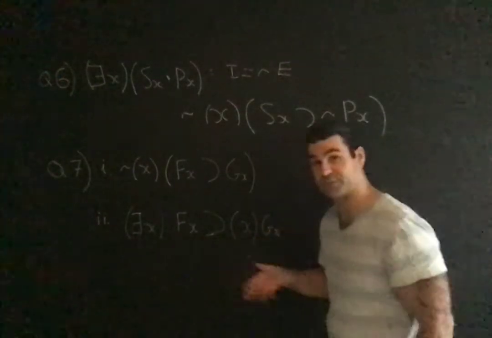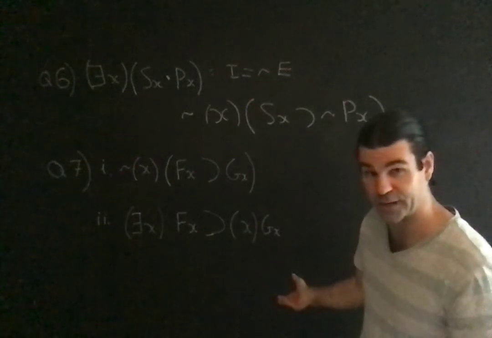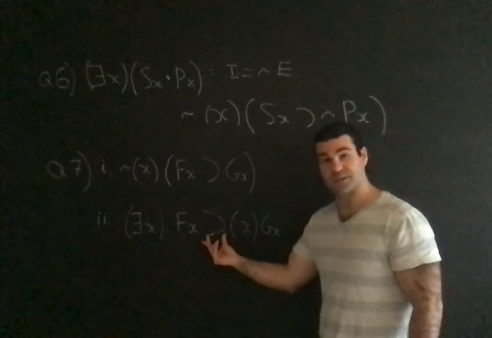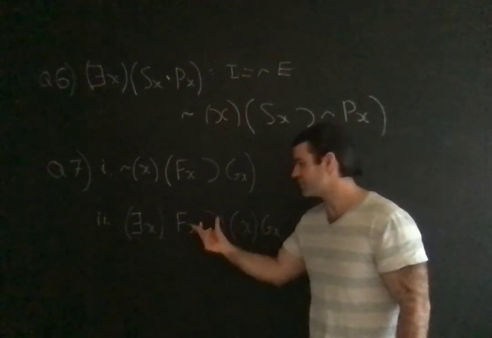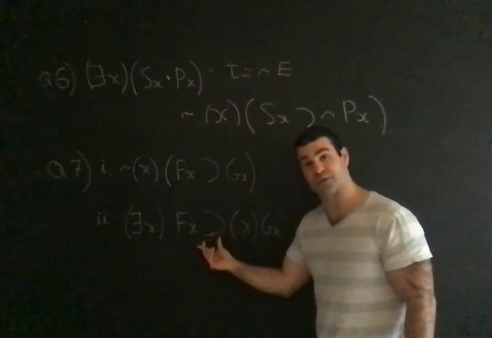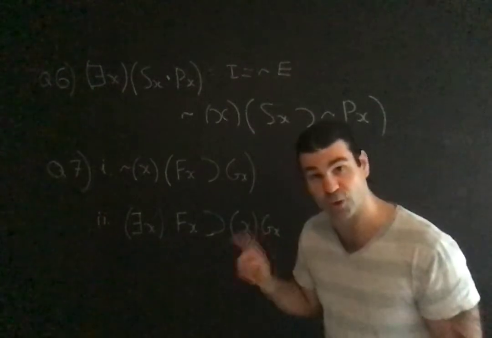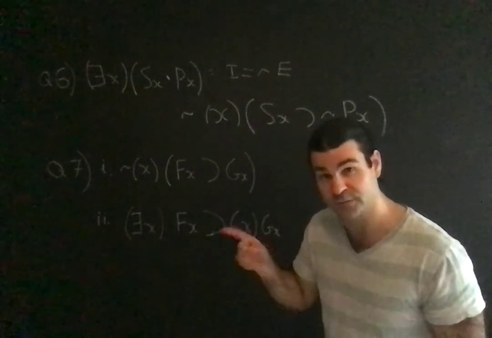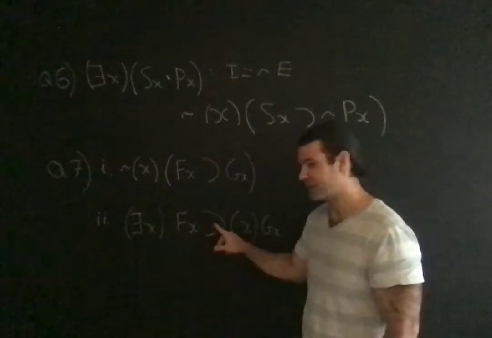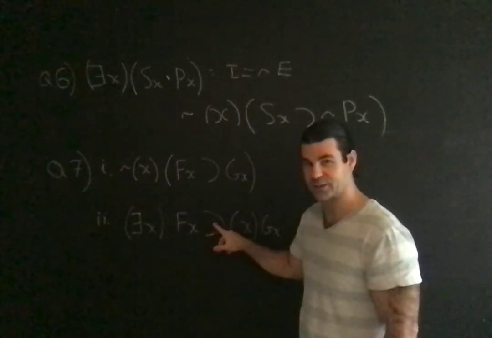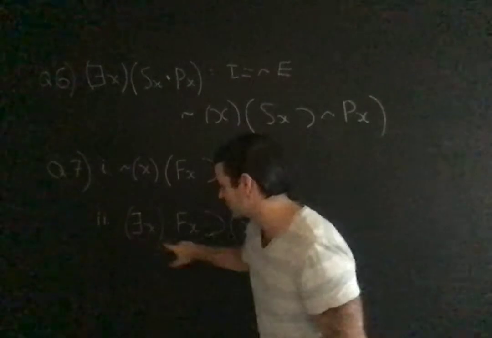So if you needed to determine the truth value of this, its truth or falsity is determined according to the truth table for the hook, because this is a conditional. It's true just insofar as it's not the case that the antecedent is true and the consequent is false.